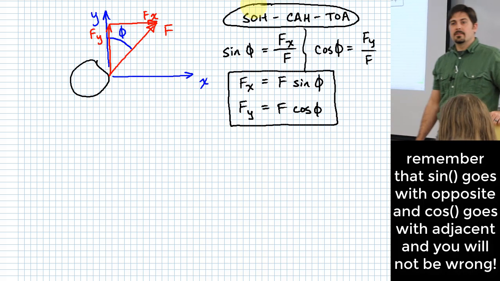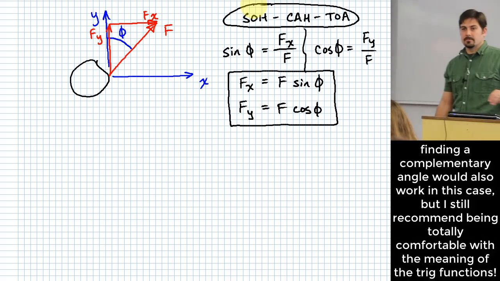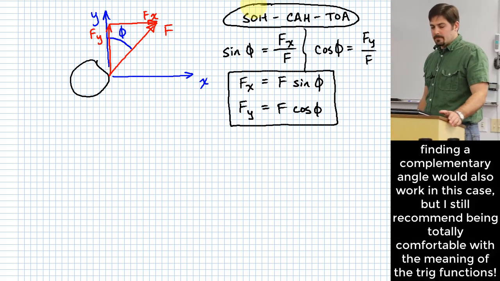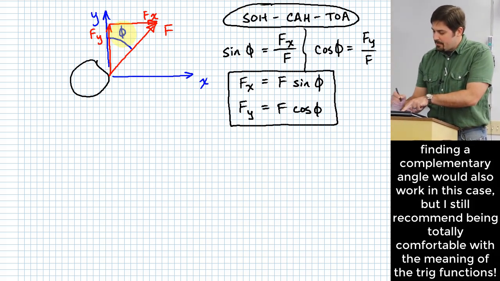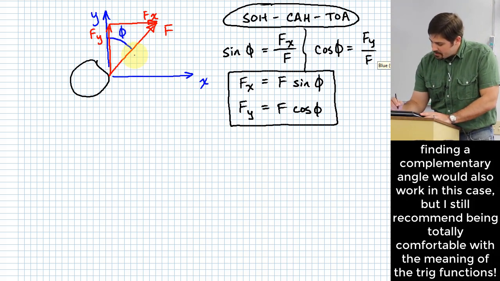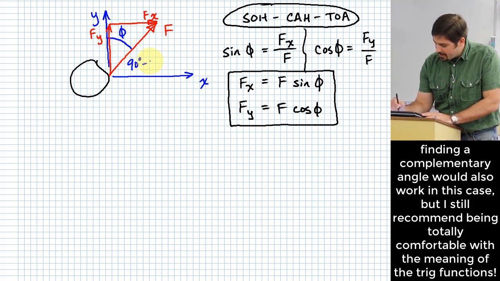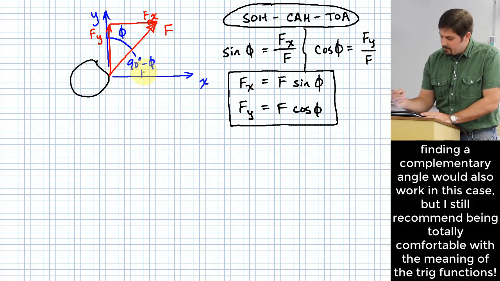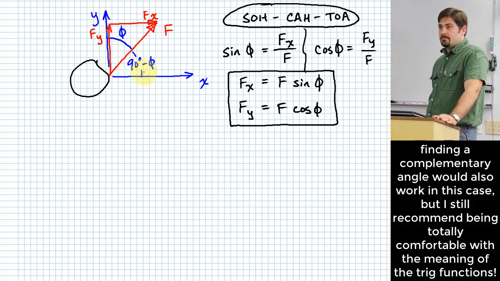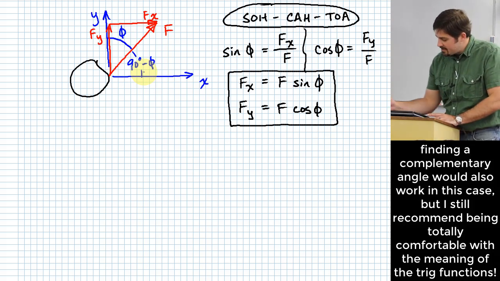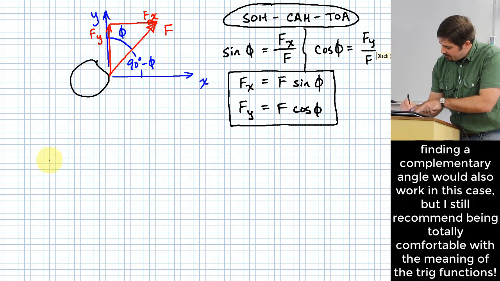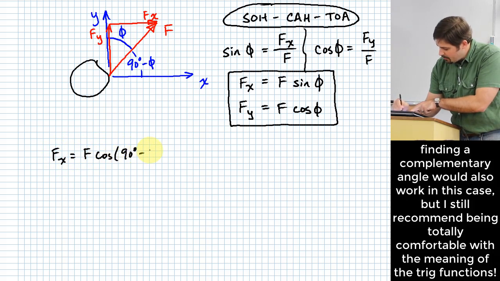Yes? So for this problem, say the angle was given to you, subtract from 90 to use it. Okay, her question is, could you just subtract this angle that's given, say phi, and say, let's just say down here you have 90 degrees minus phi. That's true, isn't it? Yeah, that's true. Okay, and her question is, couldn't you just do that and say that, for instance, Fx was going to be equal to F cosine of 90 degrees minus phi?